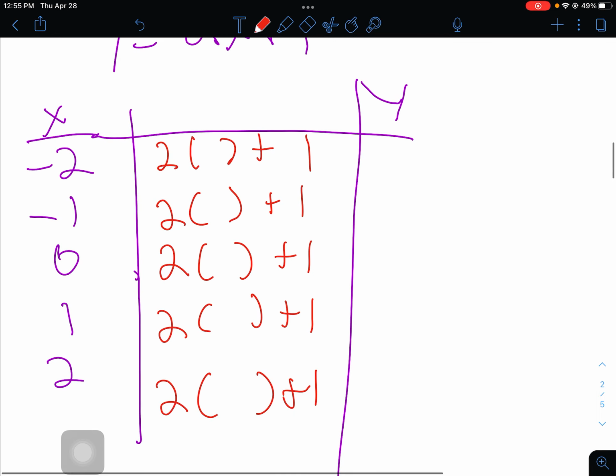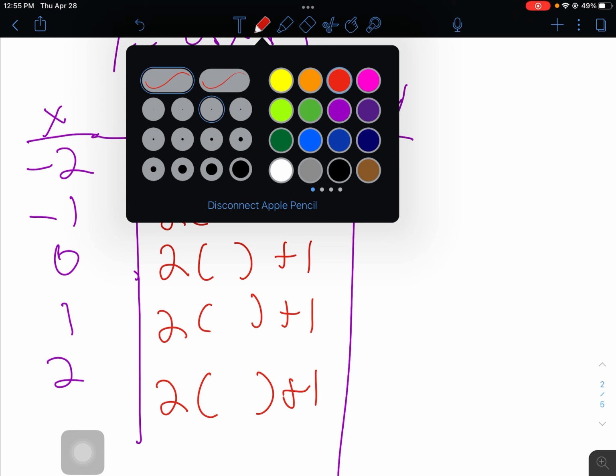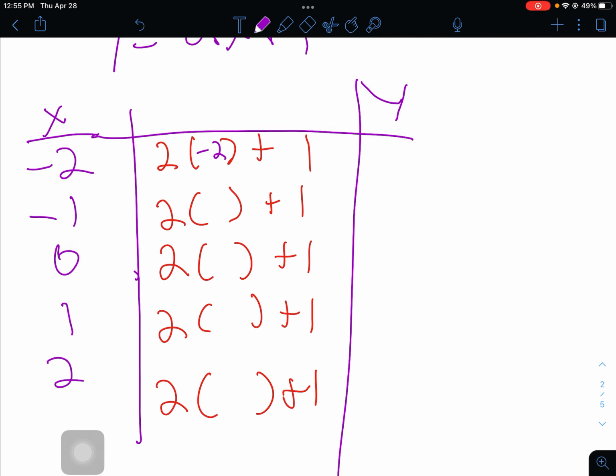So now, our first number is -2. 2 times -2, that's -4, plus 1 is -3. Now I do it again, but with -1. 2 times -1 is -2, plus 1 is -1.